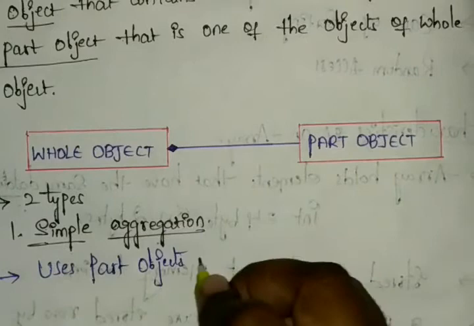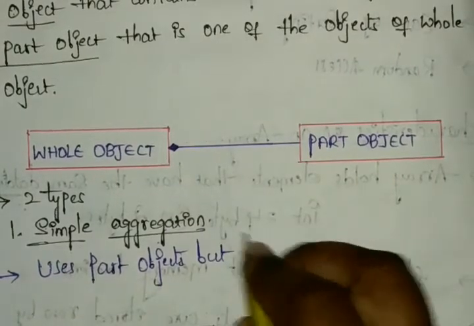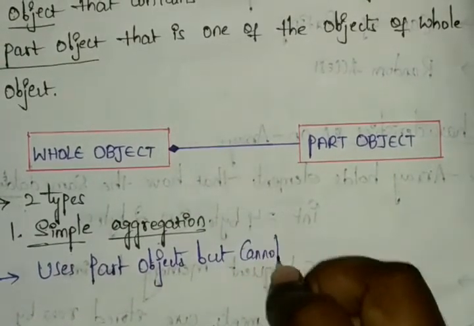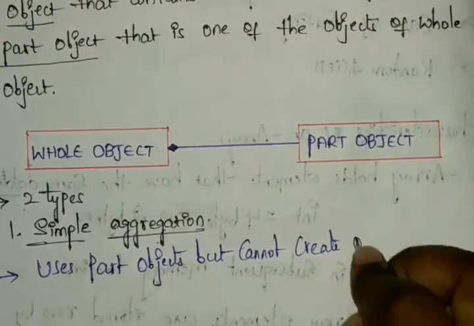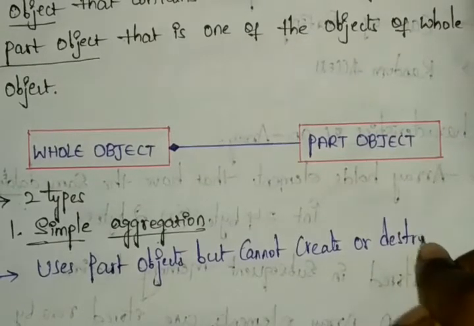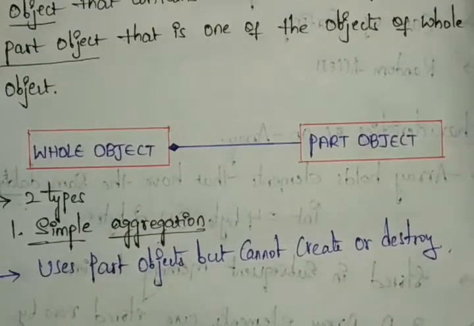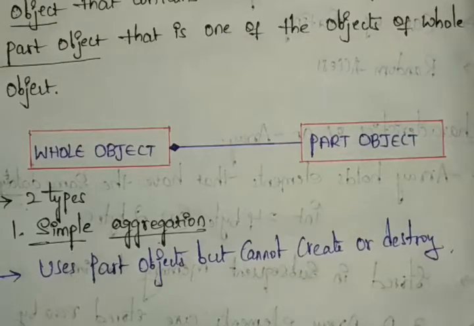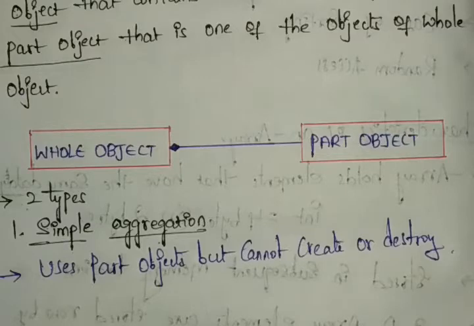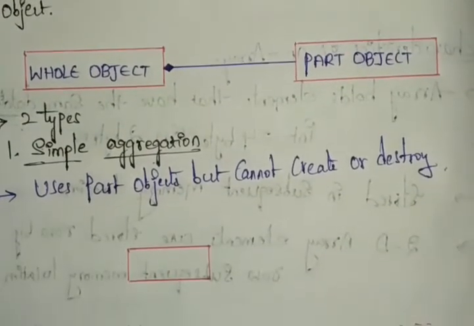The part objects will not be created and also not destroyed. That is what we call simple aggregation. With simple aggregation you can only use the part objects you already created. We cannot create anything or destroy anything. Let's see one example of how it looks.